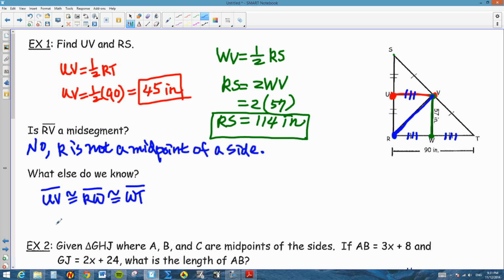And we have VW congruent to US and congruent to UR. Yes, because that is, let's change the color, VW congruent to this one and congruent to that one.